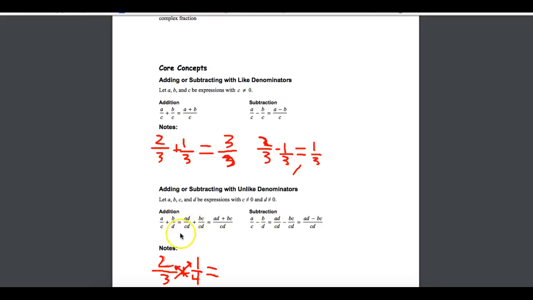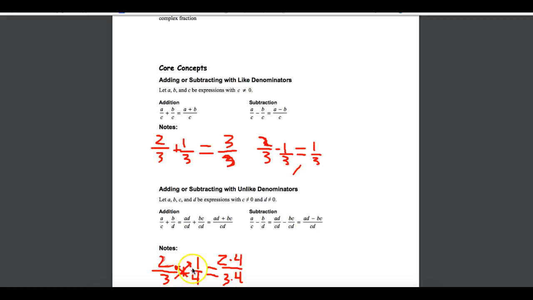We need to take our second denominator and multiply it by our first. So we are multiplying our entire fraction by 4 over 4. So we get 2 over 3 times 4 over 4.